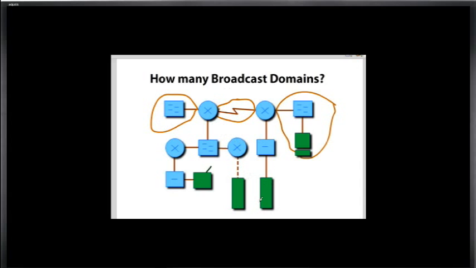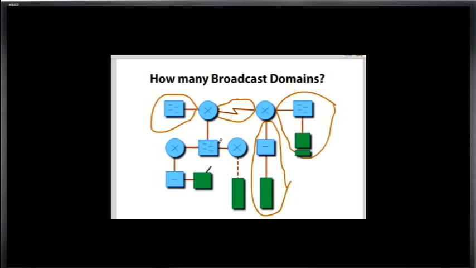Now, what about over here? Well, this router is connected to a hub, which is connected to a server, and that is a network. So there's a fourth broadcast domain, or fourth network. And now we look at the hard part of the diagram. This router is connected to a switch, but this switch is connected to another router, and this switch is connected to another router. Well, that means that all the devices connected to this switch are on a LAN.